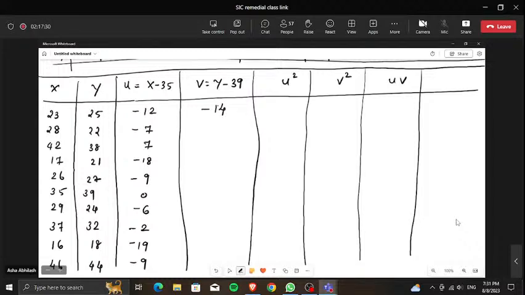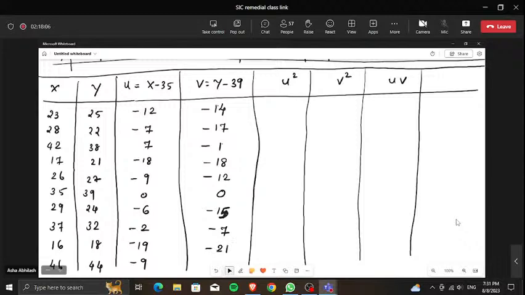It's minus 14, minus 17, minus 1, minus 18, 1, minus 18, minus 12, 0, minus 15, minus 7. Ma'am, that is minus 15. Yes, correct. Then minus 21.